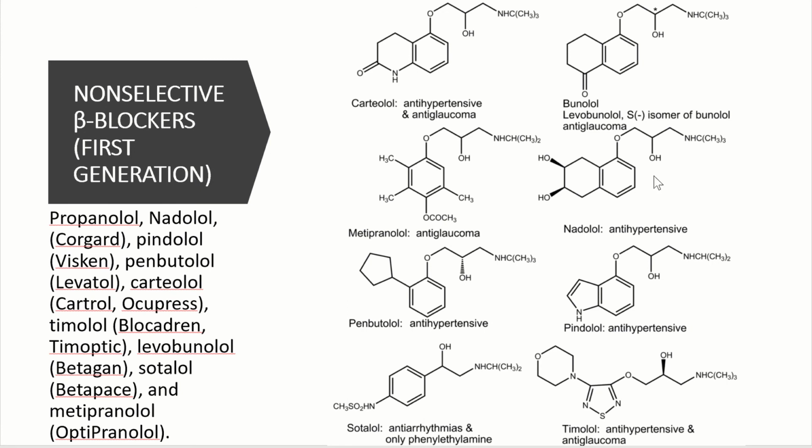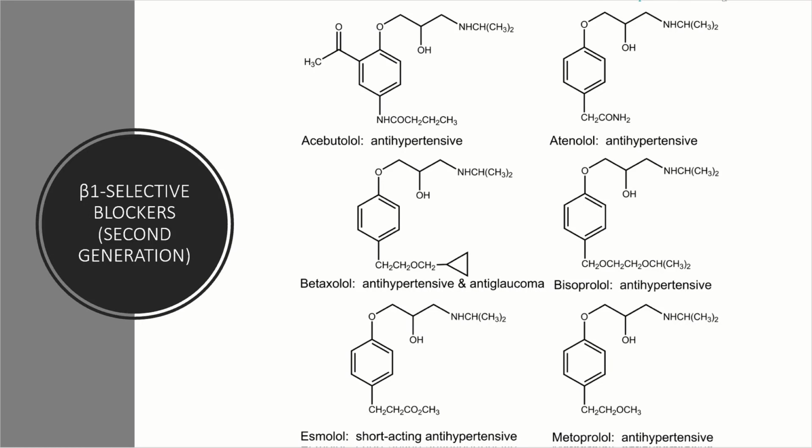So this is the structure of nadolol. And on this side, I think atenolol is probably the only one that has come up already. And this is the structure, and it's a beta 1 selective blocker.